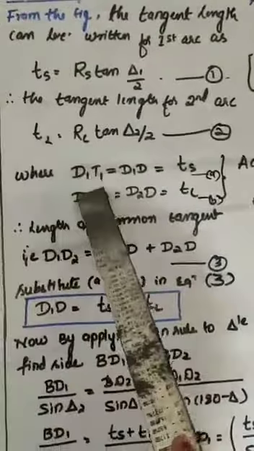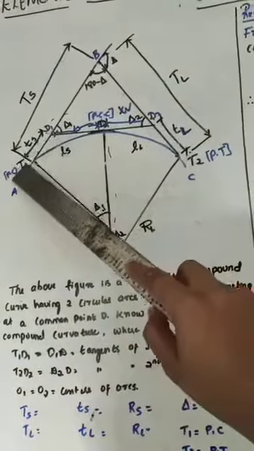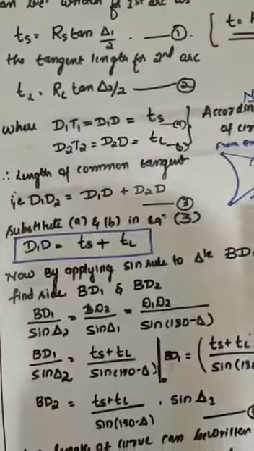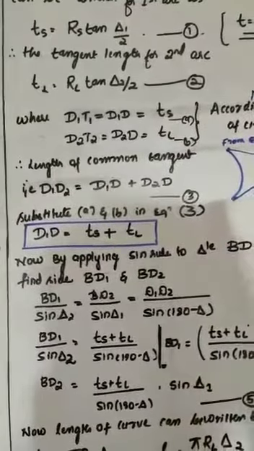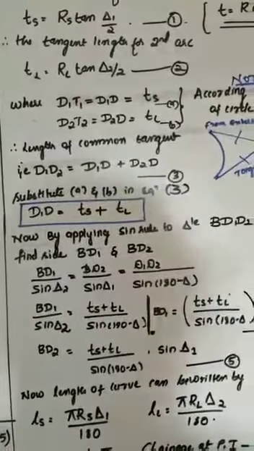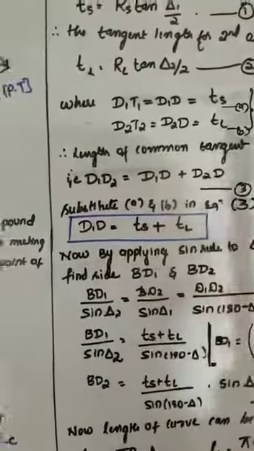That is what we have written here. See, D1 T1 is equal to D1 D is equal to small ts. In a similar way, D2 T2 is equal to D2 D is equal to small tl. These both are according to the properties of the circle. Then finally, we can write the length of the common tangent.